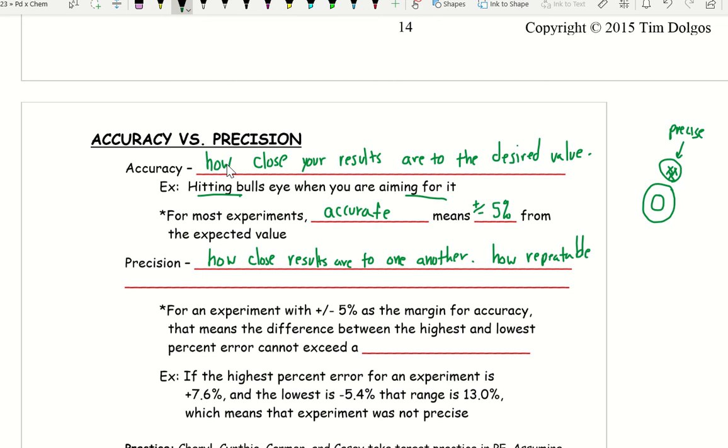You were within an inch, but you were not very accurate. If your results were here, here, and here, you were both precise and accurate. So just remember, precision is about consistency and grouping.